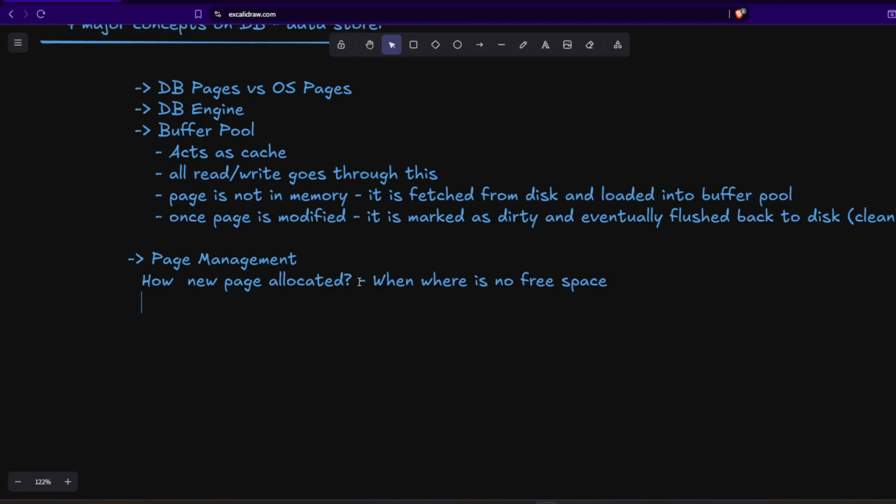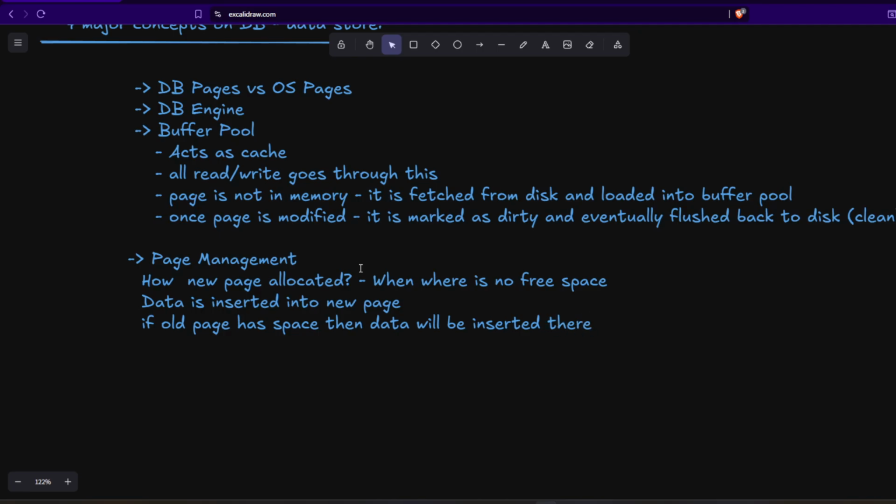And then data is inserted into the new page. If the old page has space, then data will be inserted there. Okay, so this is one of the very important concepts we touched upon.